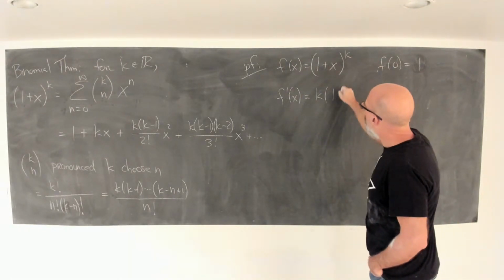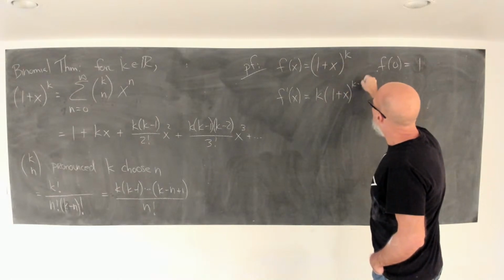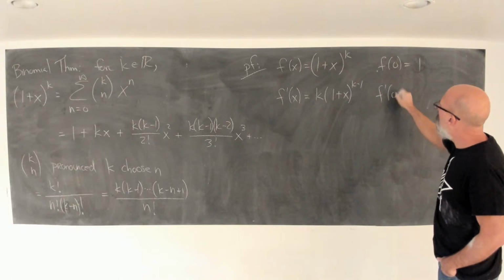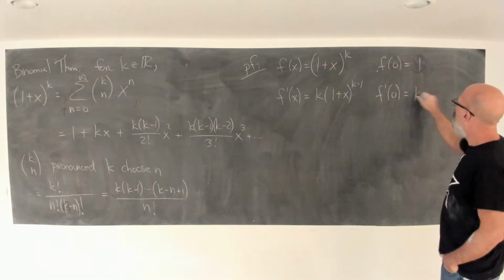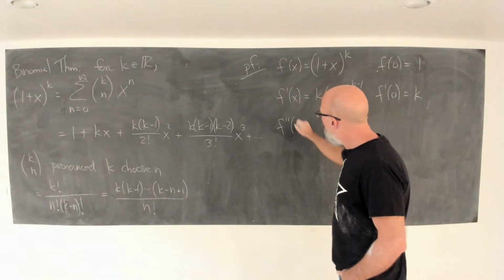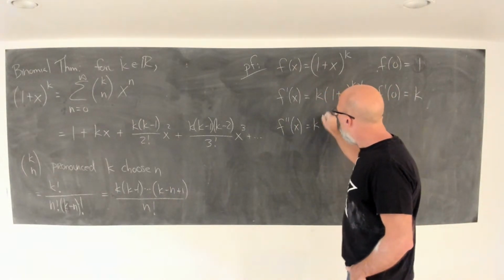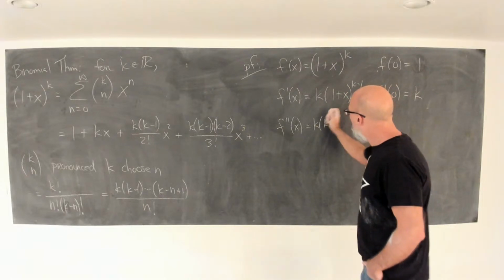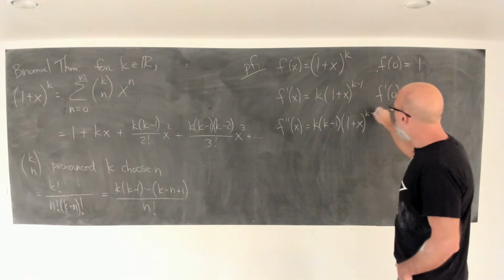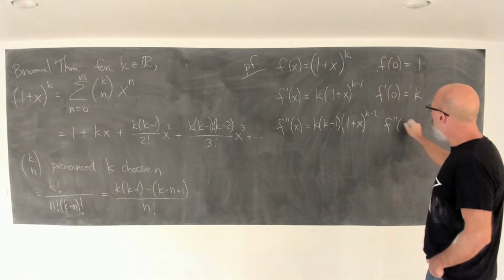It's K times (1 plus x) to the K minus 1. Derivative at 0 is K. Second derivative, second derivative at 0.